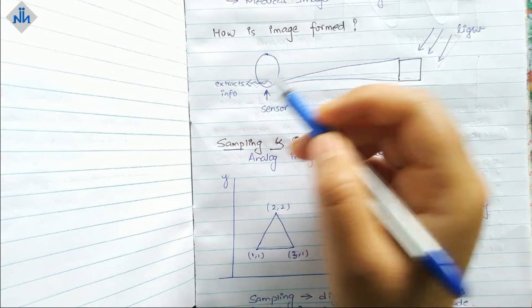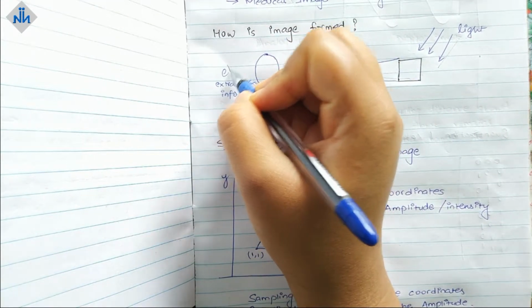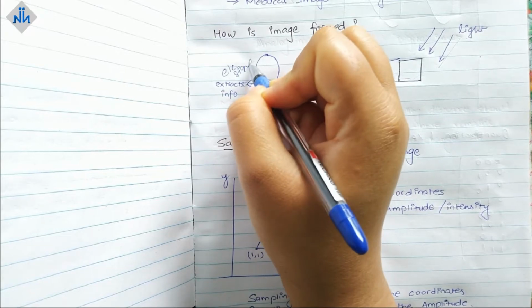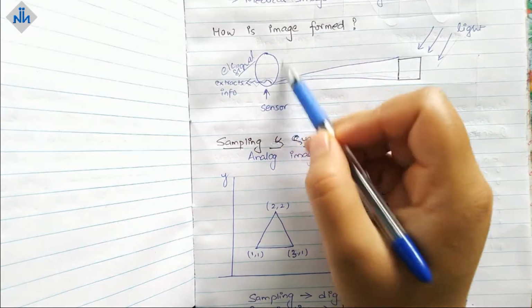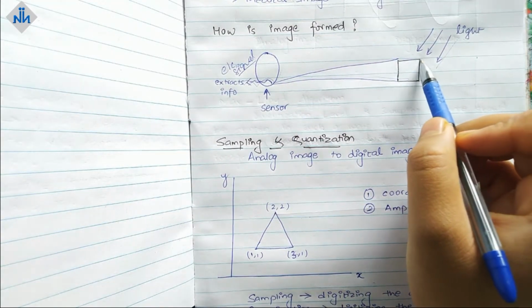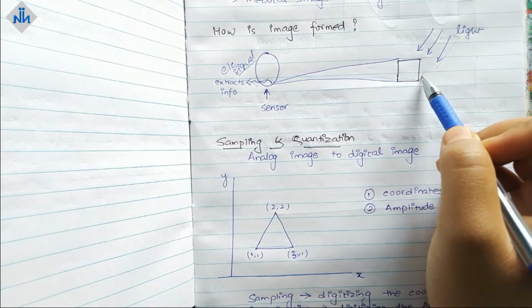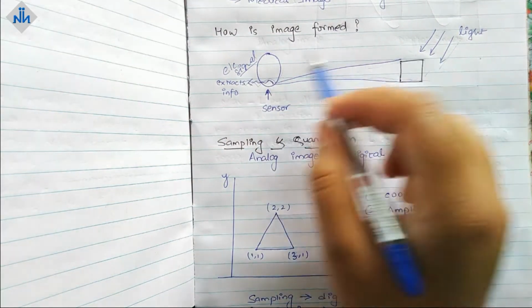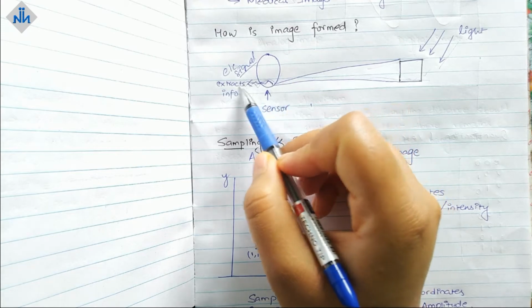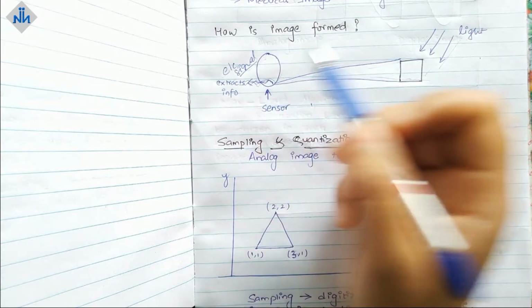It sends an electronic signal. Here electronic signals are generated and sent for further processing. So basically a sensor takes the image whenever light falls on it so that the image can be seen. That is how an image is formed, and then it gives off electrical signals and further processing is done on it.